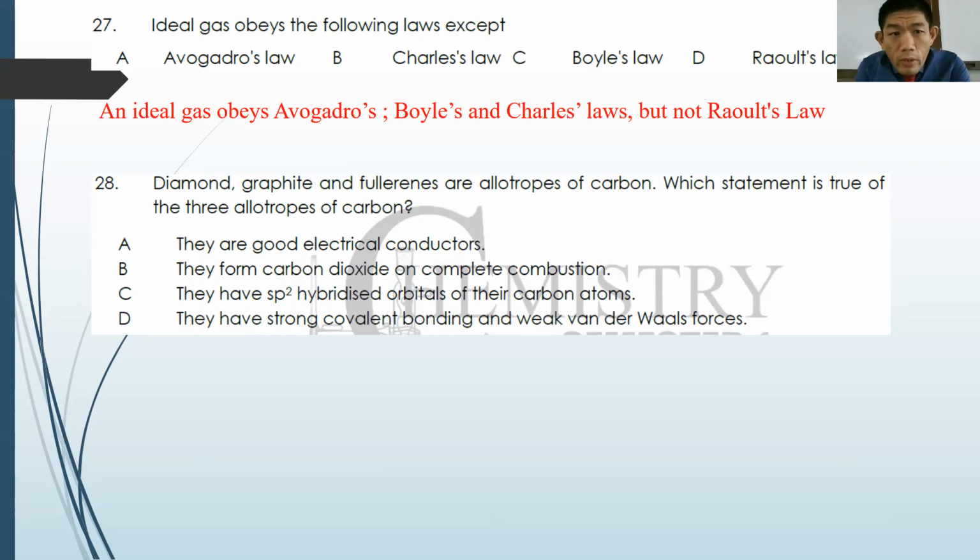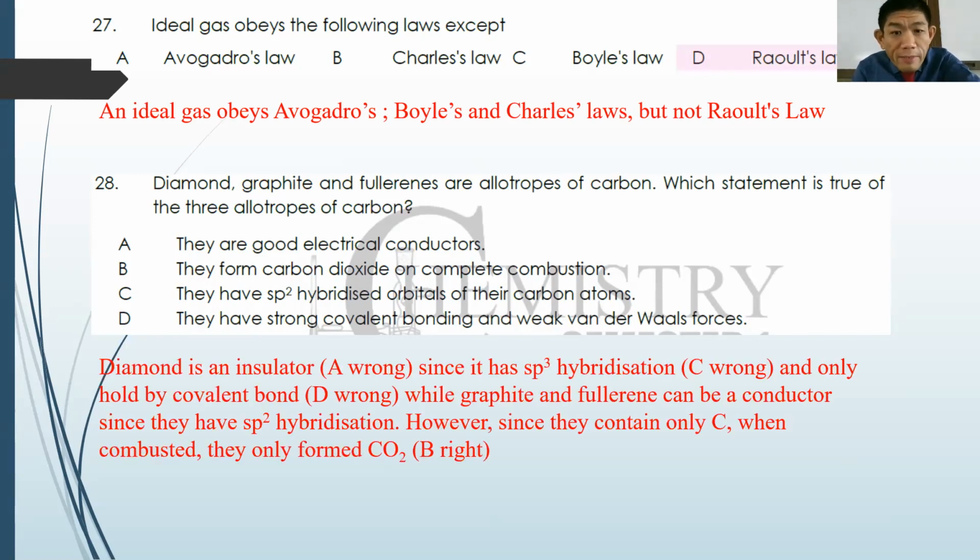Okay. 28. Diamond, graphite, and fullerene are all allotropes of carbon. Which statement is true about these three allotropes? Number 1, they are good electrical conductors, which is actually wrong. Only graphite and fullerene are. Number 2, they form carbon dioxide on complete combustion, which is correct because when you burn all of them, they will eventually become carbon dioxide only.